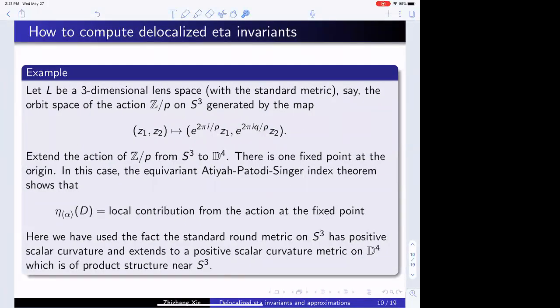So now we have a formula, and we want to talk about how computable this invariant is.